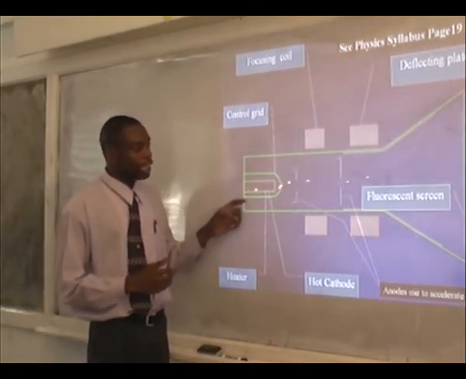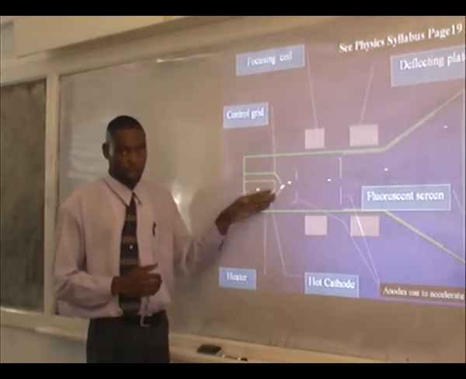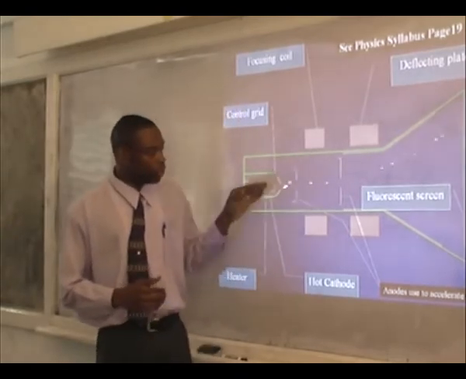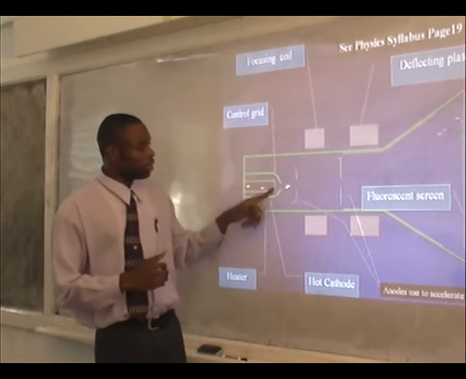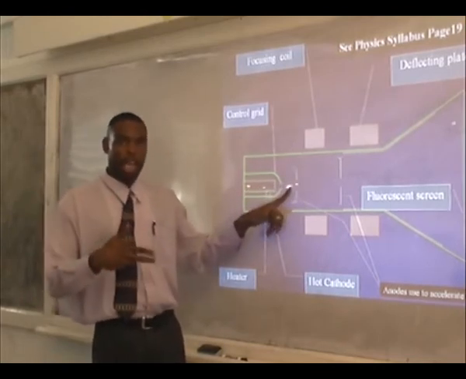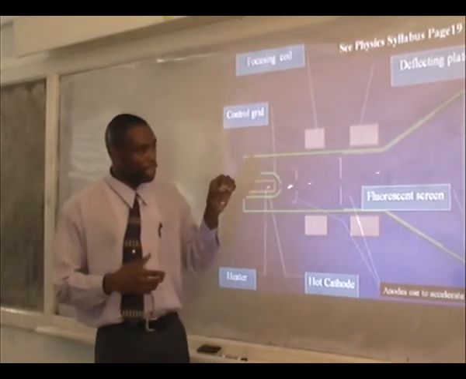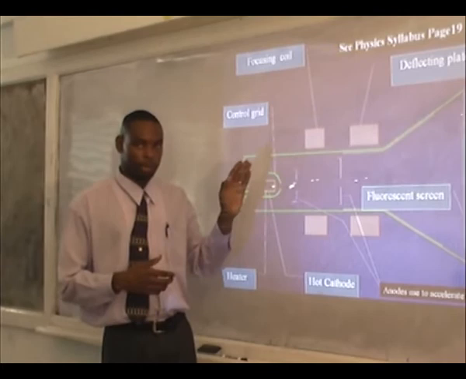Well, we understand that the electron is very light and very small. So if we added a gas at a higher pressure, the electrons, being very light, when they hit against the atoms in that gas, would be deflected by the atoms of that gas.